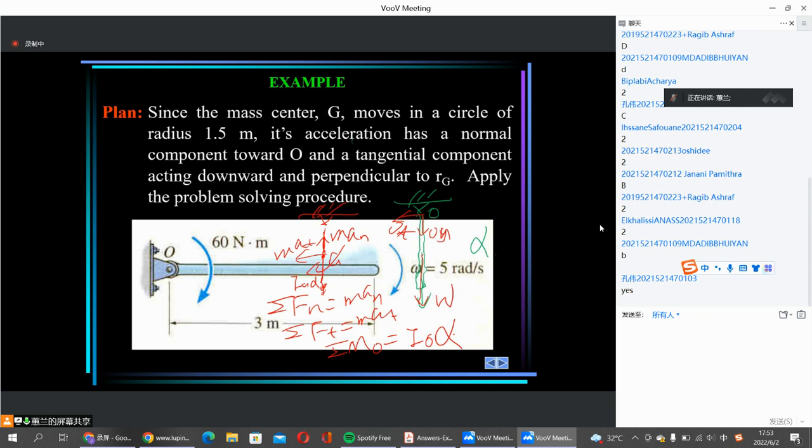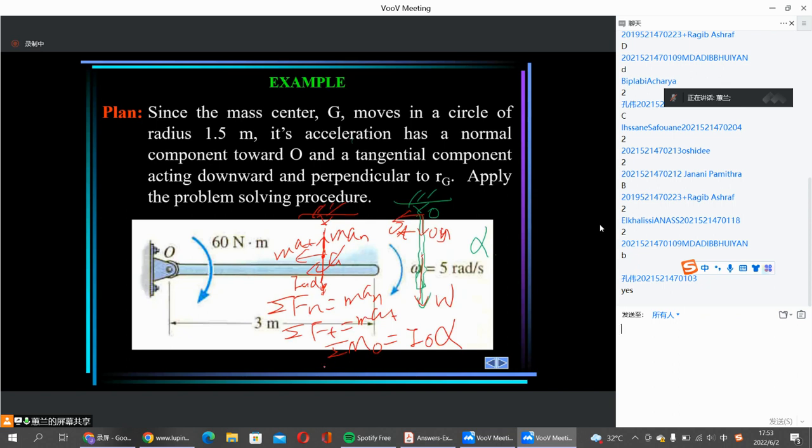So can you tell me when the wheel is vertical, what the angular acceleration should equal? Can you try to calculate the angular acceleration when it's vertical?